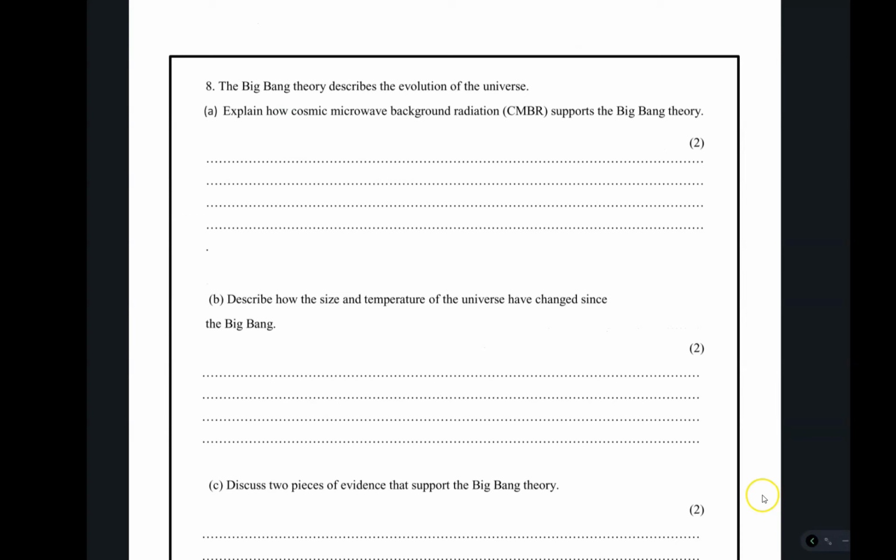In the specification, we are going to base our argument on the Big Bang Theory. Big Bang Theory claims that the universe began about 13.8 billion years ago, and the universe expanded from a single incredibly small, dense point, and that point was very hot, so it expanded to become the universe we have.